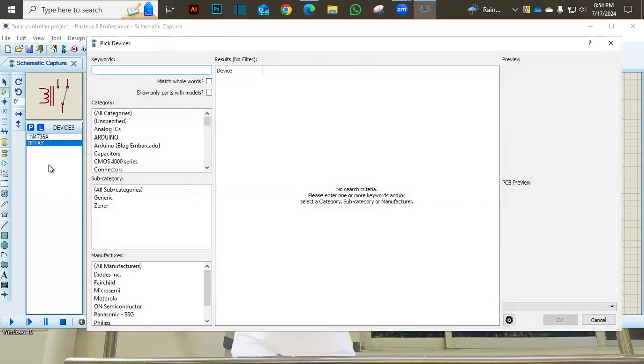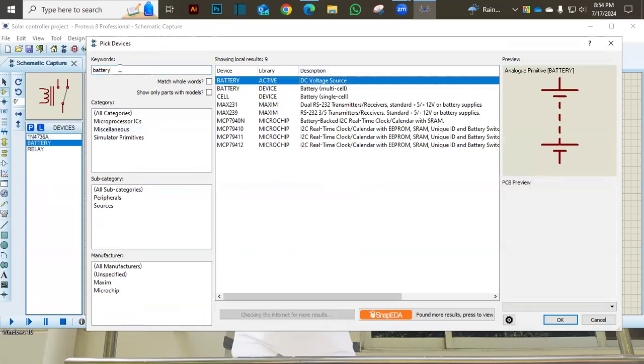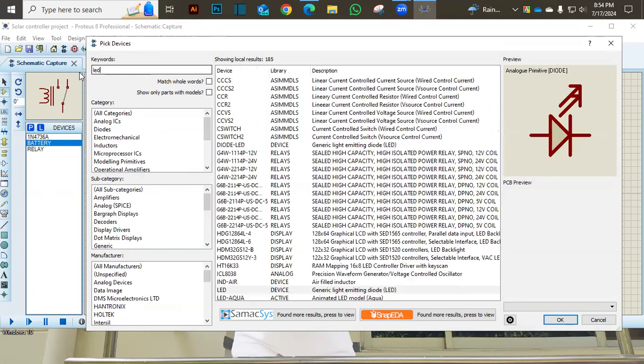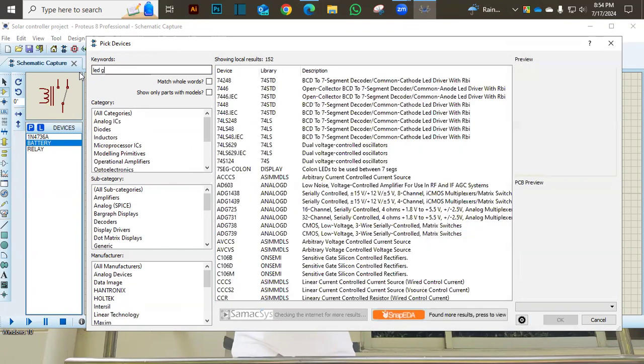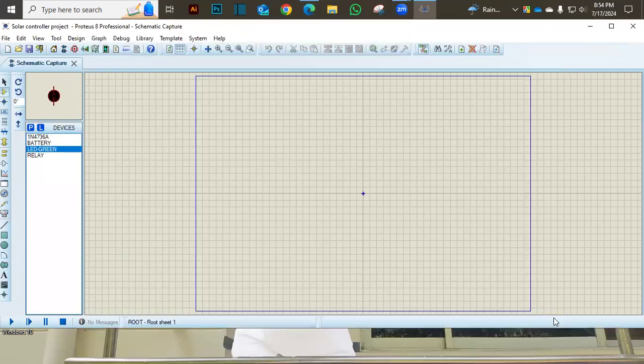And we need some battery. We also take it. We need LED. Okay, all of the elements which we need are completely added here, and now we are simulating it.